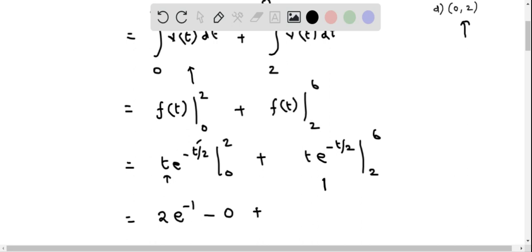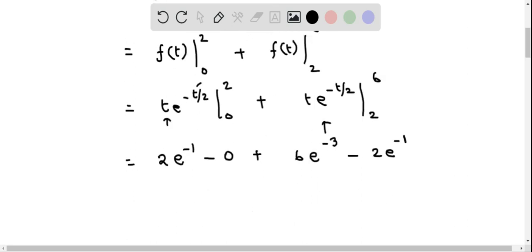Plus now let's evaluate the second expression. So replace t by 6. This will be 6 e raised to the power of negative 3 minus, replacing 2, we get 2 e power negative 1. And we can see that we have this positive 2 e power negative 1 and negative 2 e power negative 1. These two will become 0.